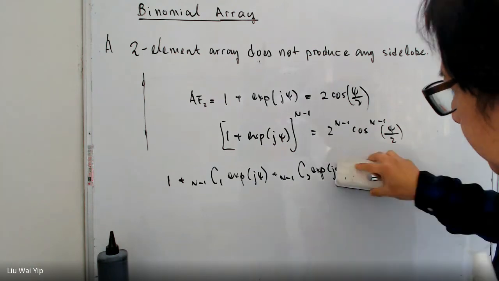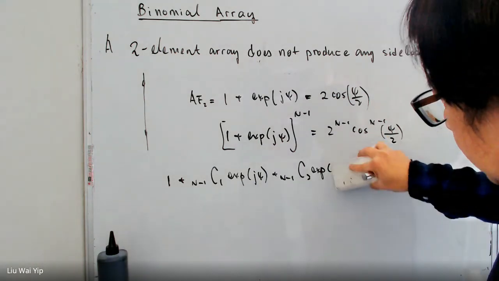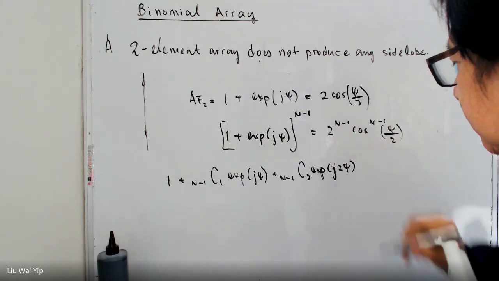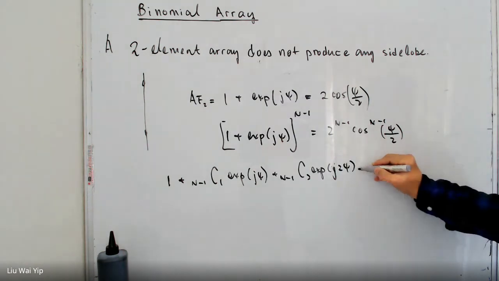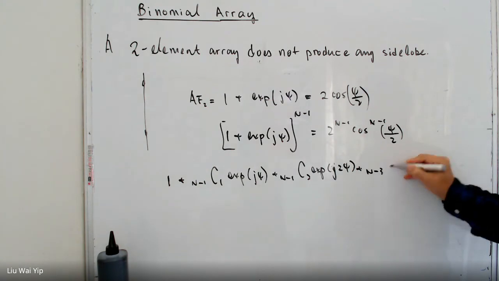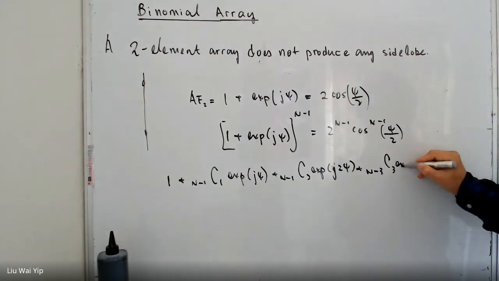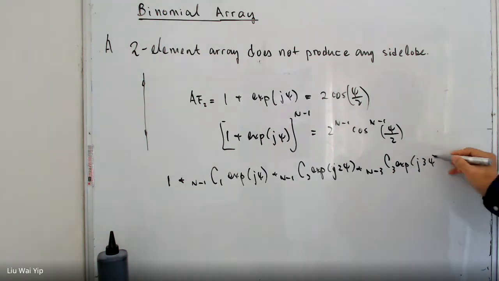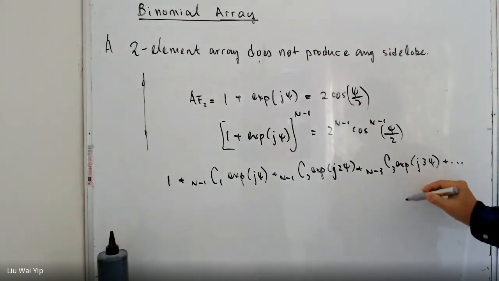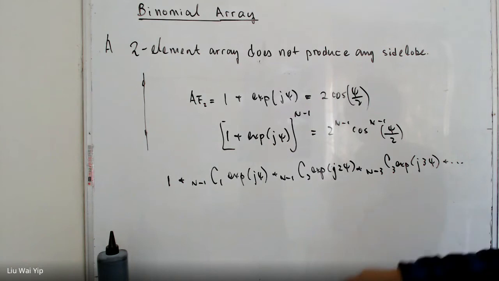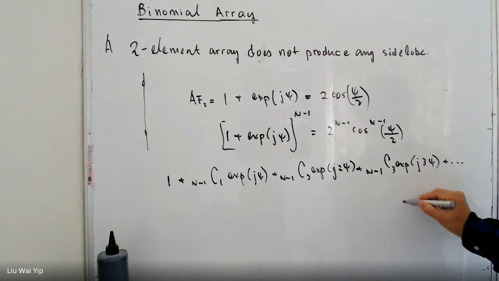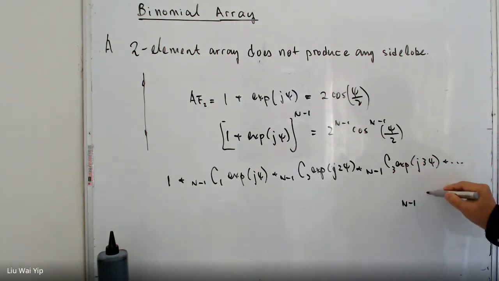And then the exponential term here is going to be j. And if we continue this process, we will have n minus 1 choose 3, and so on, until at the end we end up with n minus 1 choose n minus 1.